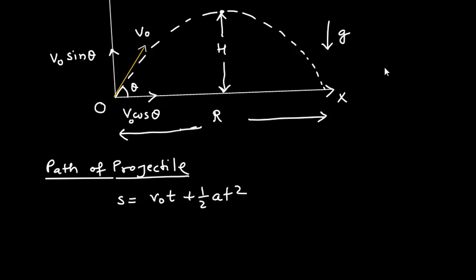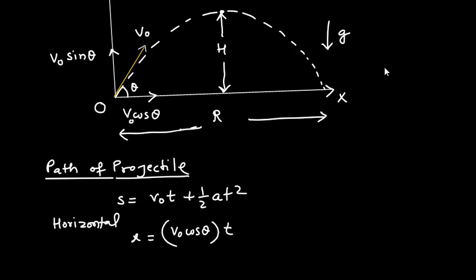Now, we need to apply this equation for horizontal direction, for horizontal component. Well, in the horizontal component, the displacement we can call x, and this V naught actually is V naught cos theta, and this is t.